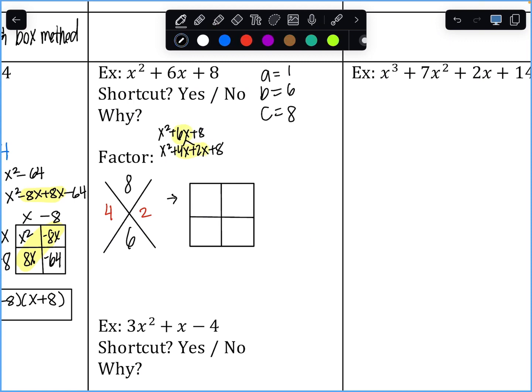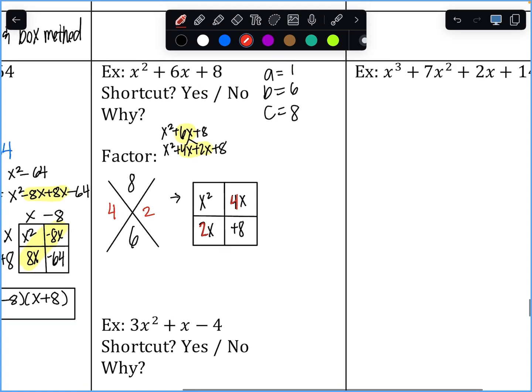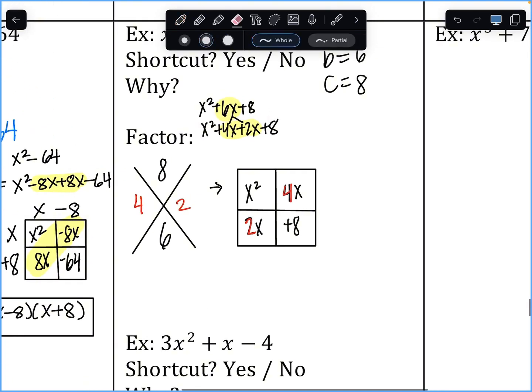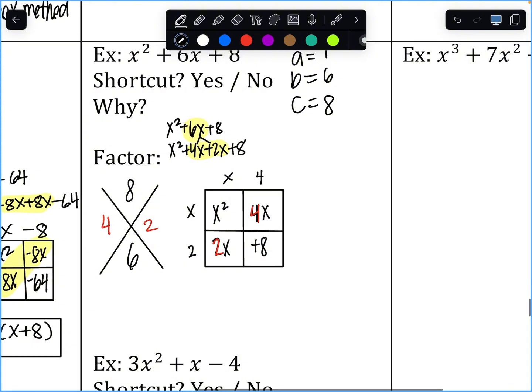Pretty cool stuff. Now we can put that in the box. What do we get here? We can work backwards. x times x, 2, and 4. So our factors are x plus 2 times x plus 4.